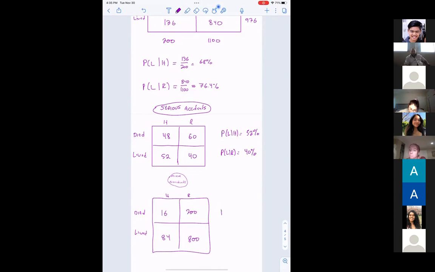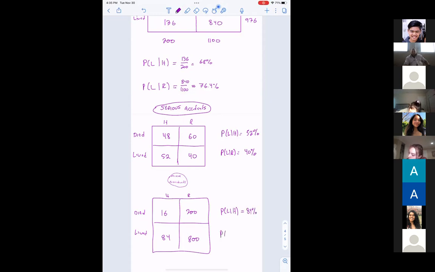What about for less serious accidents? What's the likelihood of living by going by helicopter? 84 out of 100, that's 84%.